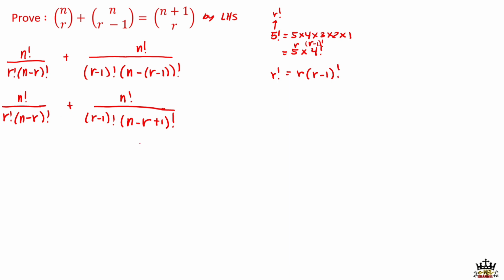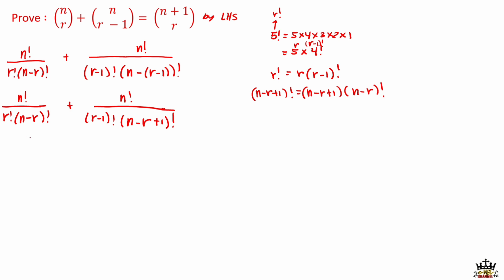How about n minus r plus 1 factorial? Do the same pattern. n minus r plus 1 factorial is the same as n minus r plus 1 times the factorial of n minus r plus 1 minus 1, which becomes n minus r factorial.